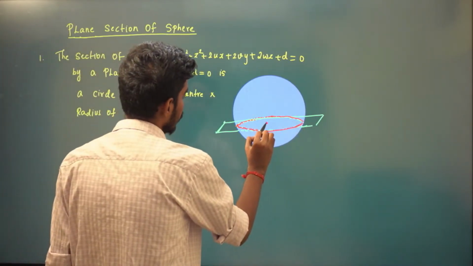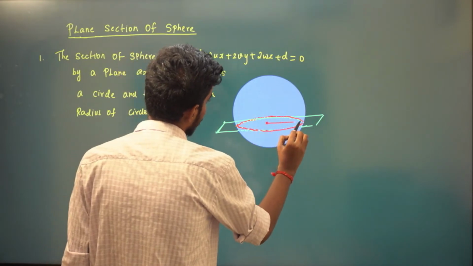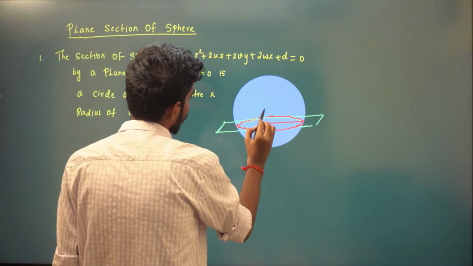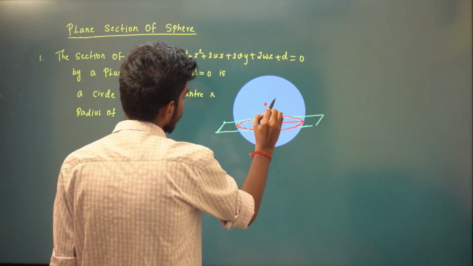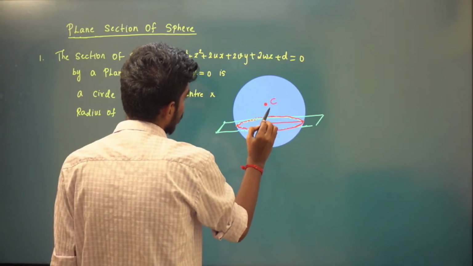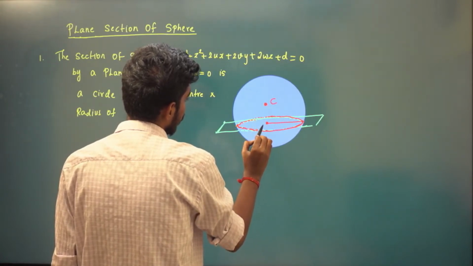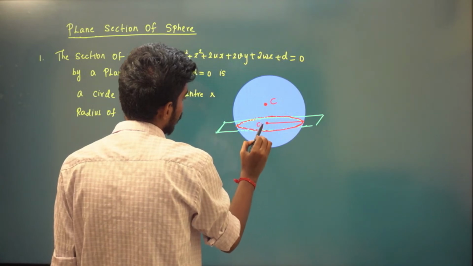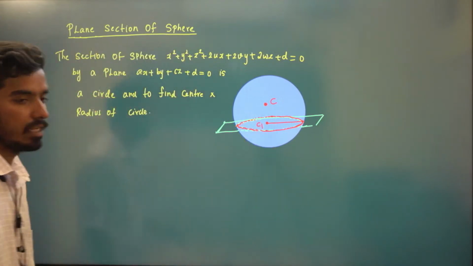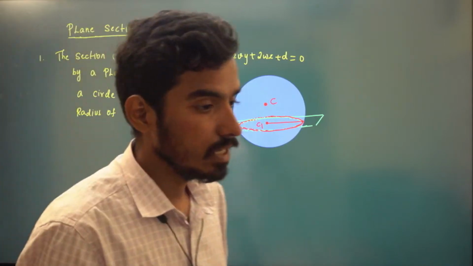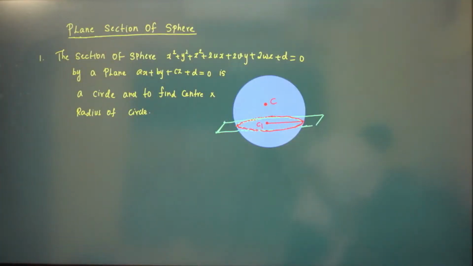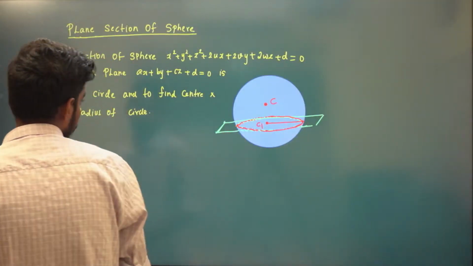This is the center of the sphere, and this is the center of the circle. Let us call C the center of the sphere and C1 the center of the circle.